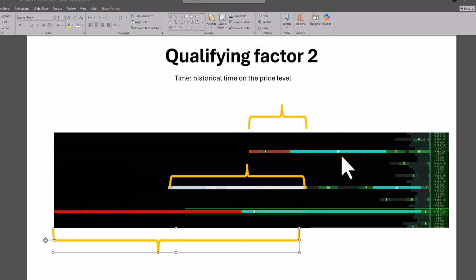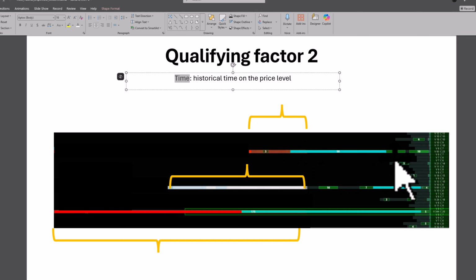Right over here, look at this, okay? The qualifying factor number 2 is the time that this order spent on that price level. This is abnormal, totally abnormal. We're seeing on the MBO there's a volume total, and this is abnormal, right? But this one is 50, then right of it in the queue is 10, and there is another 10, and over here it's a 3.